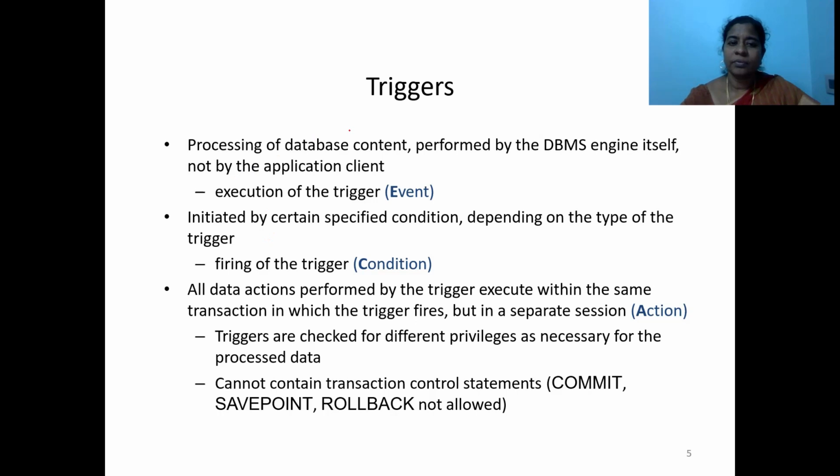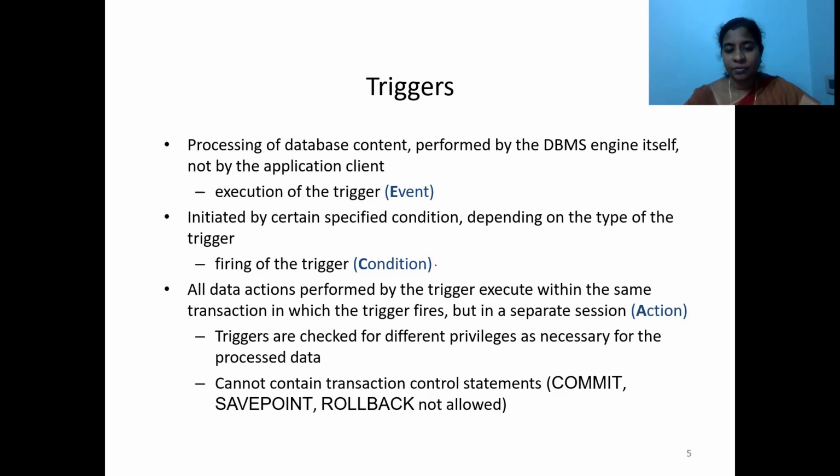Processing of database content is performed by the DBMS engine itself, not by the application client. The execution of the trigger is initiated by certain specified conditions, depending on the type of the trigger. For example, firing of the trigger is based on the condition you have mentioned.